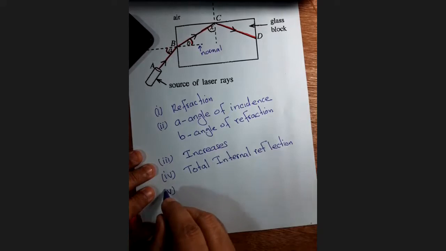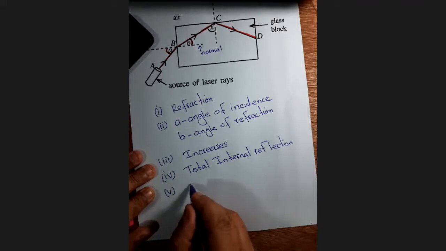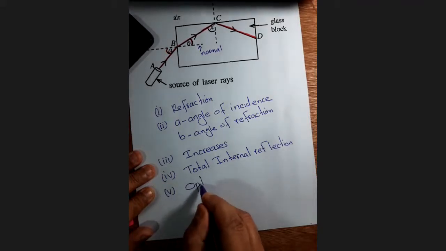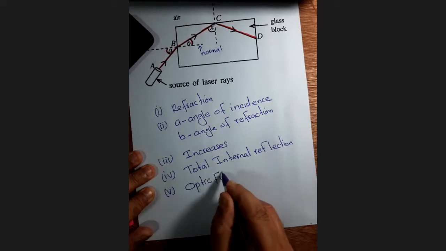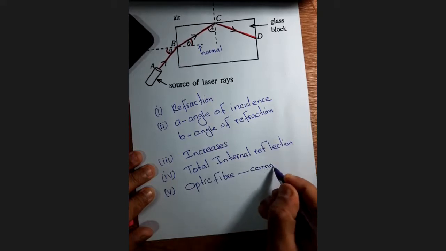Now, question number 5. State the device that adopts the phenomenon you mentioned in 4 above in modern communication technology. It is optic fiber. Optic fiber is used in communication technology.